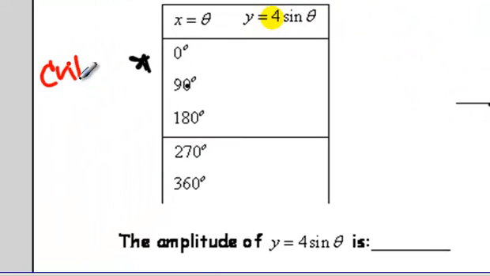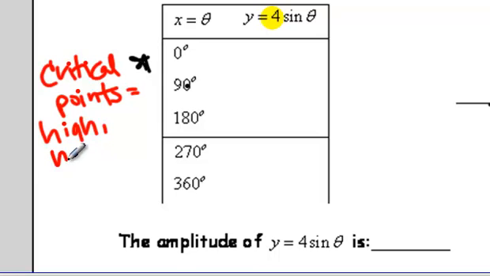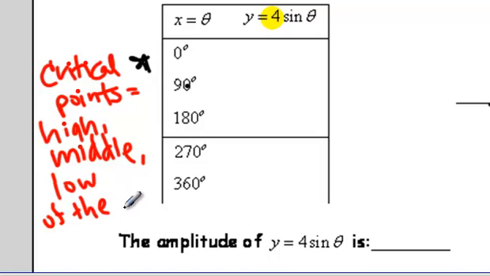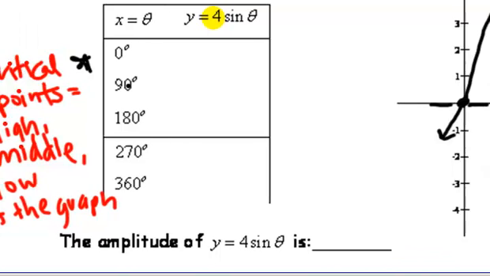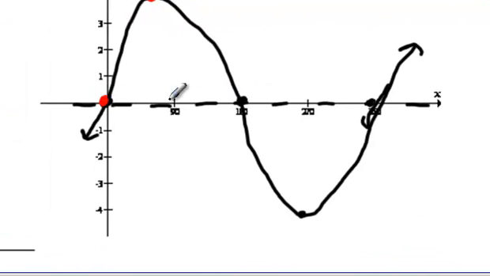But critical points are the high points, the middle points, and the low points of the graph. Notice, my high point would be at 90 for a sine. Middle points would be when it crosses the x-axis, and then low point would be when it goes the furthest down. So that's what we're graphing.